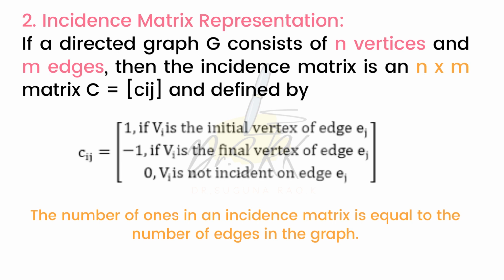We take the value minus 1 if Vi is the final vertex of the edge Ej. We take the value as 0 if Vi is not incident on an edge Ej.